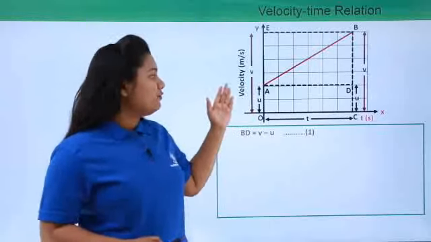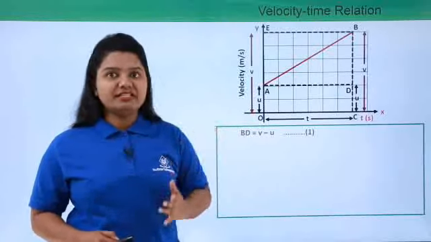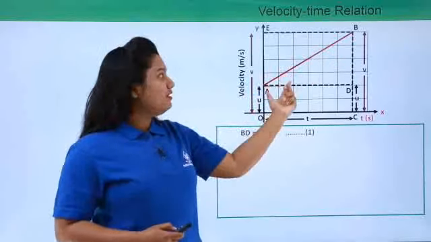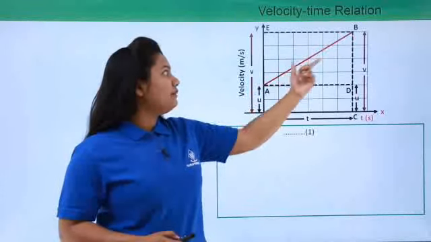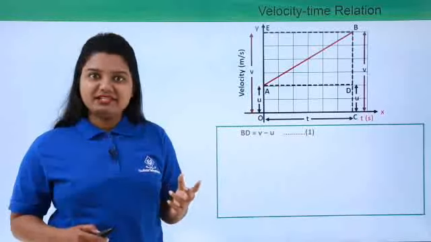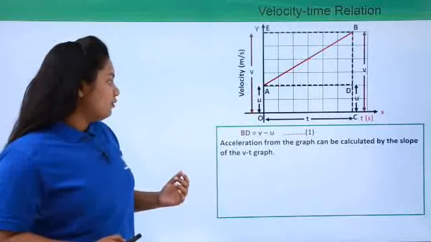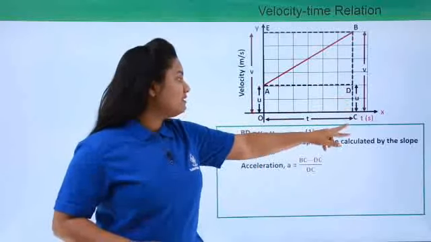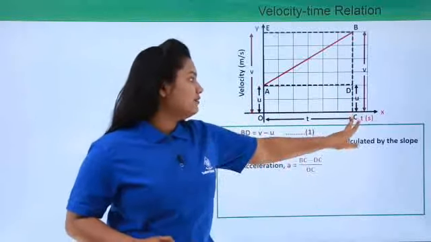Now we know how to find acceleration from a velocity time graph. All we do is find the slope of the graph. So here we need to find the slope of the graph AB if we want to find the acceleration, which is a. So acceleration is given by BC minus DC divided by OC.